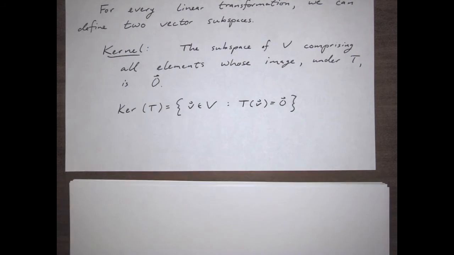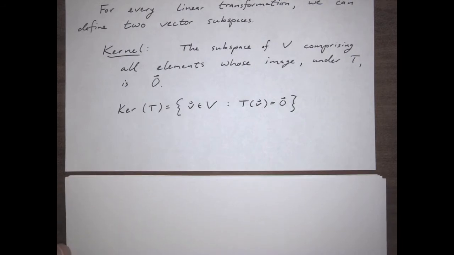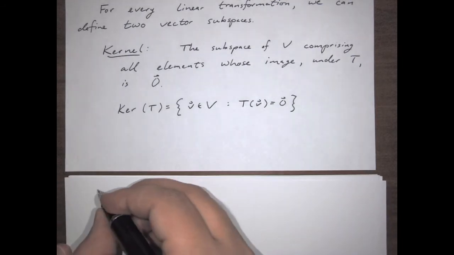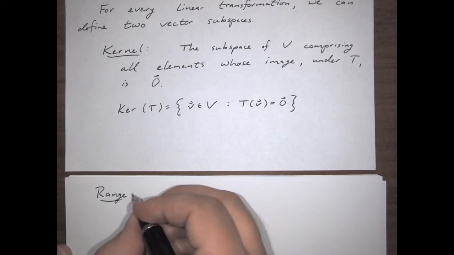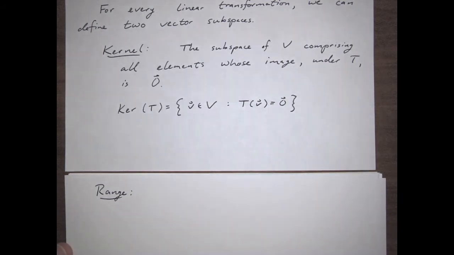Then there is also a subspace, the range. And this is a subspace not of V, but of W, of the codomain.